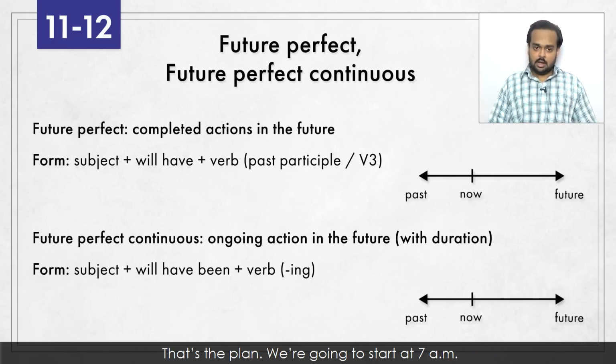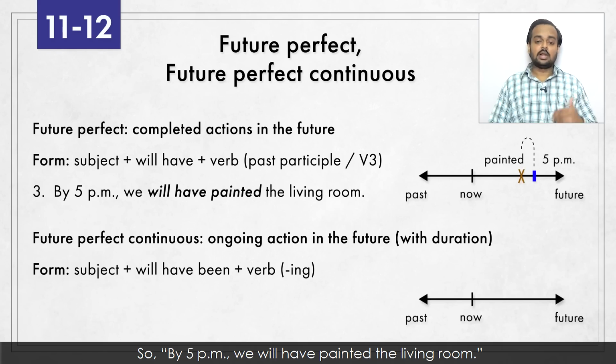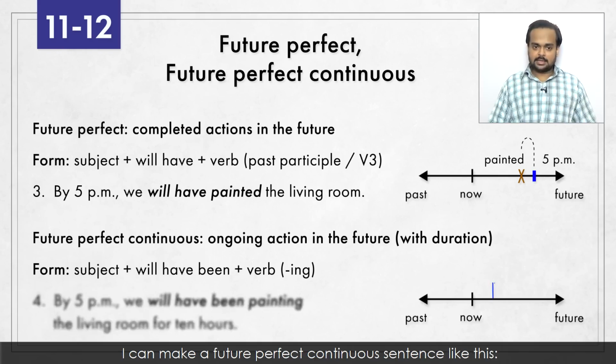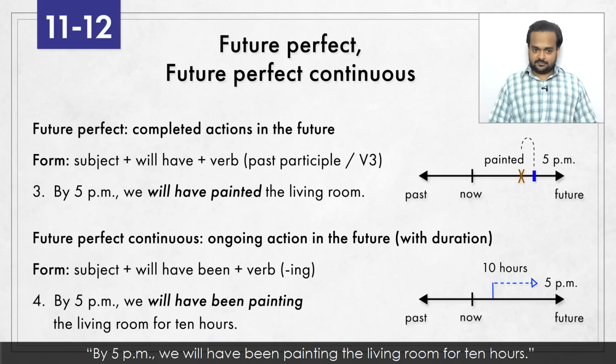That's the plan. We're going to start at 7 a.m. and we expect that it will take us about 10 hours. So by 5 p.m., we will have painted the living room. I can also say by 5 p.m., we will have finished. I can make a future perfect continuous sentence like this. By 5 p.m., we will have been painting the living room for 10 hours.